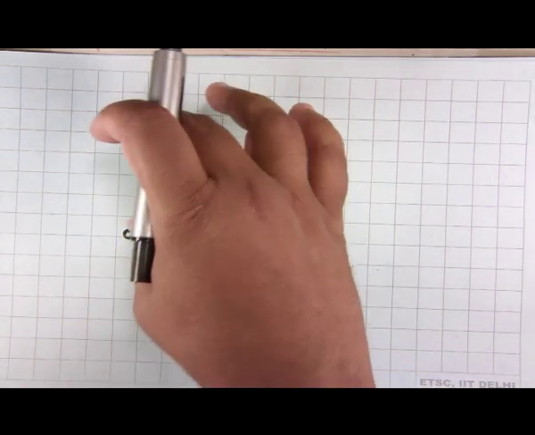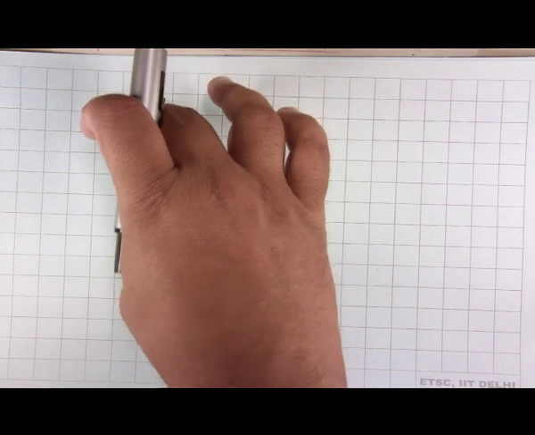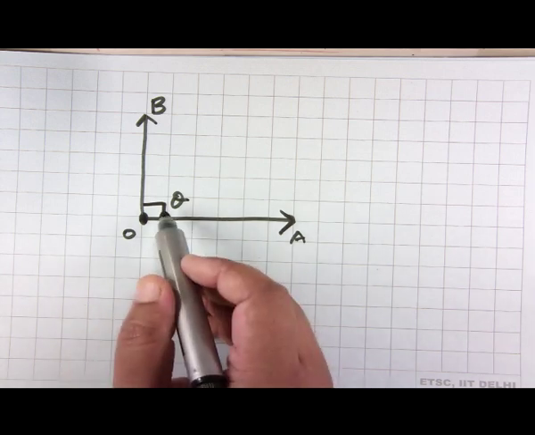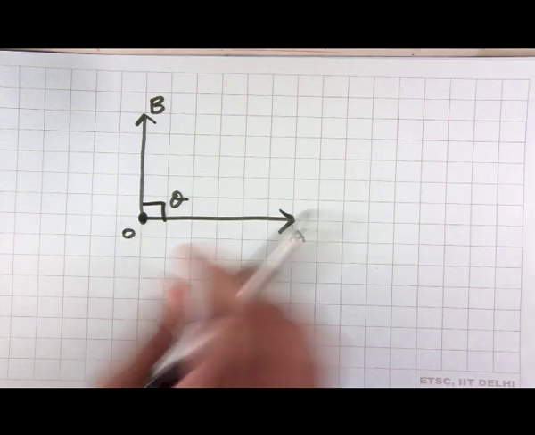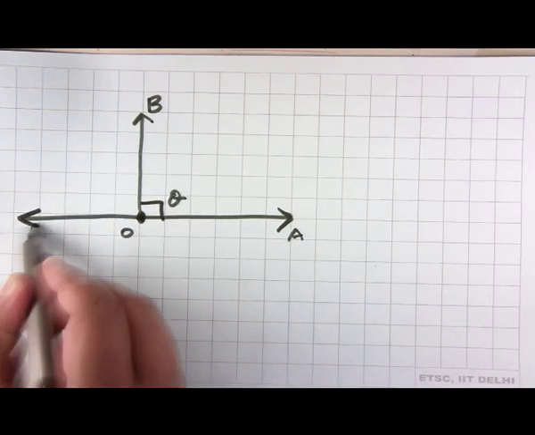If we rotate this ray again from OB in the anti-clockwise direction by another theta, then we should be lying down again, but in the opposite direction compared to OA. So, it will look something like this.